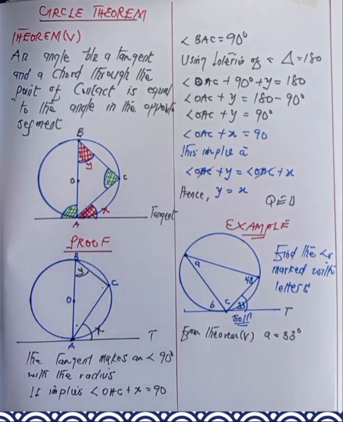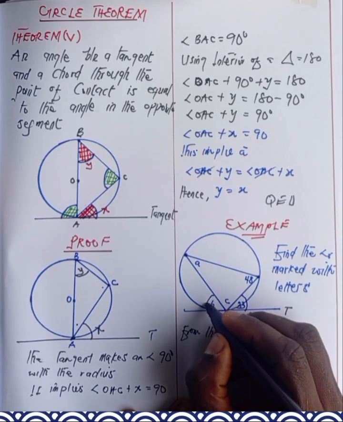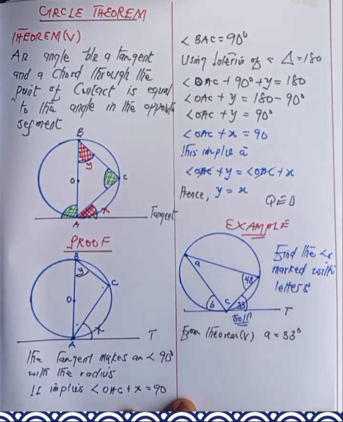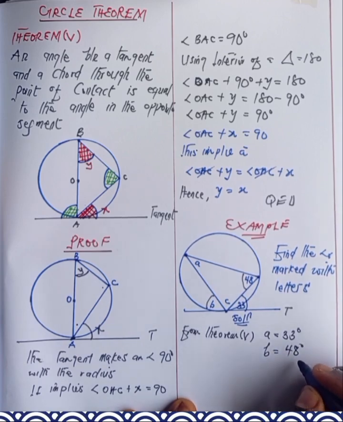Very simple without even calculating. Now we can also see that from theorem 5, the alternate segment theorem, B is also equal to 48 degrees. So we are done with B also.